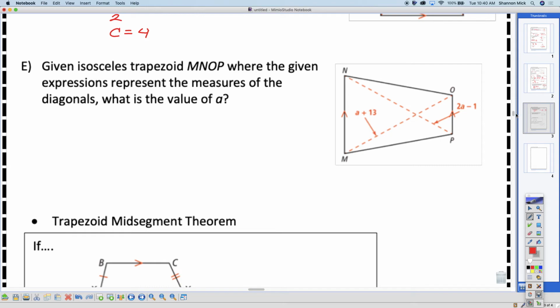Mason, you're supposed to be working this problem on your own. What did we do in the last problem? We know the diagonals are equal, so you set them equal to each other, right?